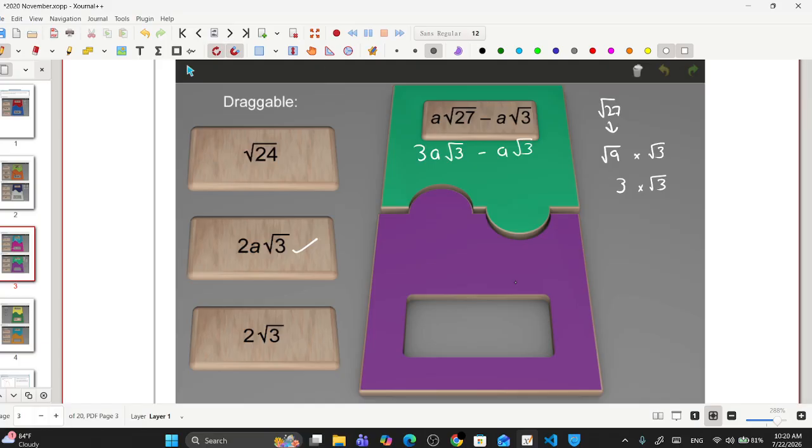Now considering we have the common under root 3 in both terms, our final answer here might contain under root 3. But once again, 3a minus a needs to be solved. So 3a minus a becomes 2a. So we get 2a under root of 3.